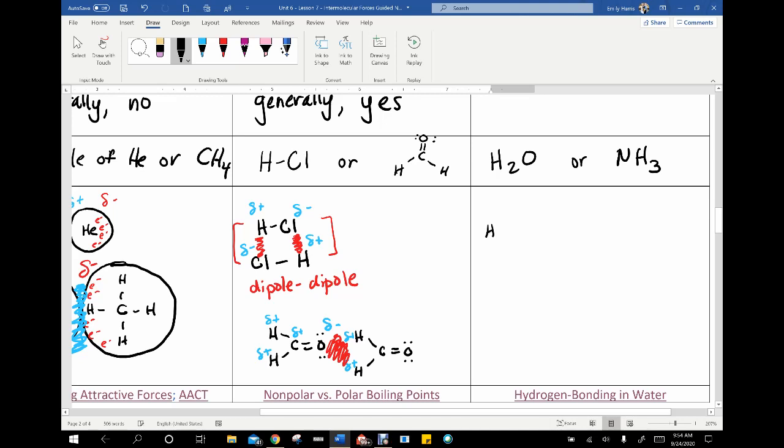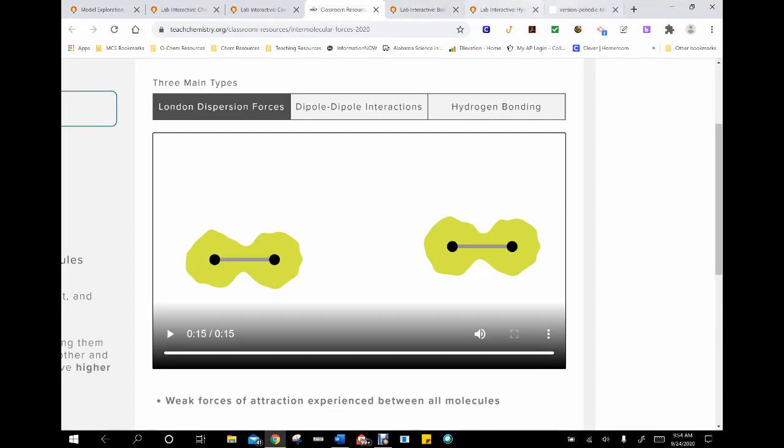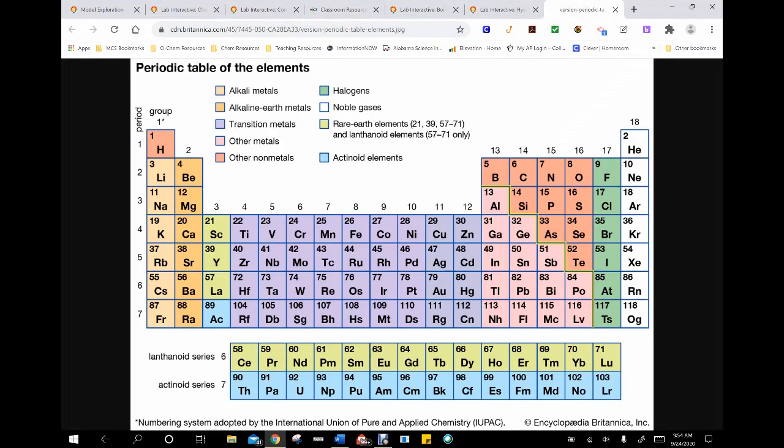So if we consider a water molecule, we know it has a bent molecular shape, and we know that it's polar, that oxygen is more negative and the hydrogen is more positive. Now if we look on the periodic table, these three elements, fluorine, oxygen, and nitrogen, are at the top right-hand corner.